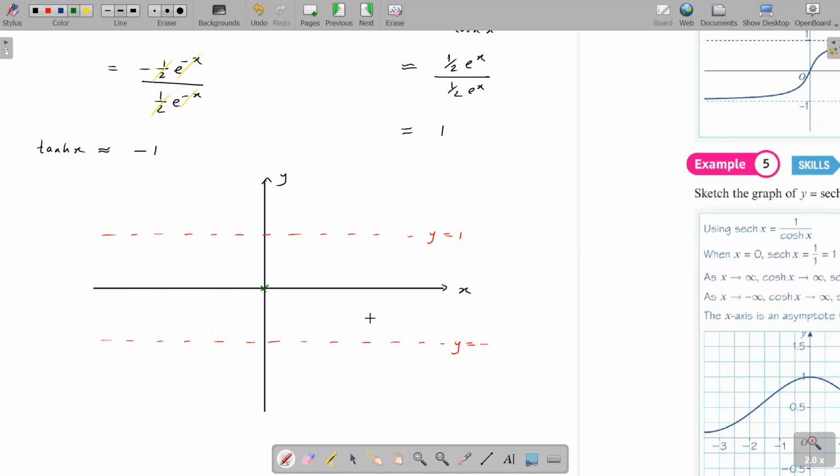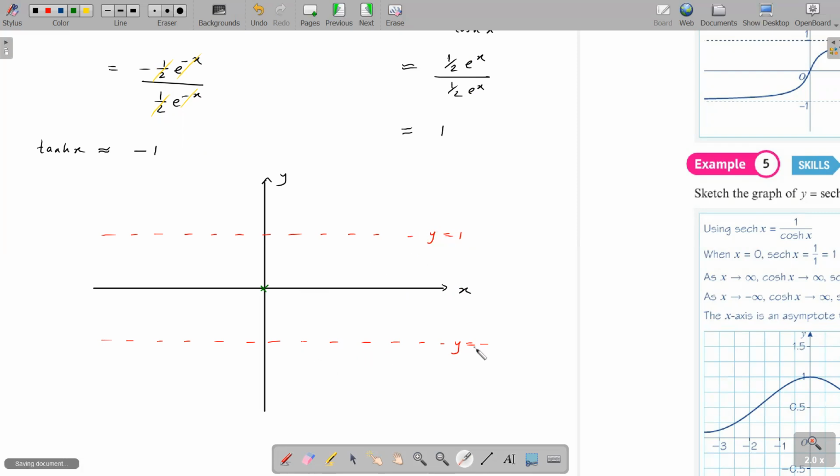So now it's all about the behavior of the remaining part of the graph. You could check the behavior by inputting x values into the calculator to see how the graph behaves. Definitely, as the x values get larger, the graph needs to get closer and closer to 1.